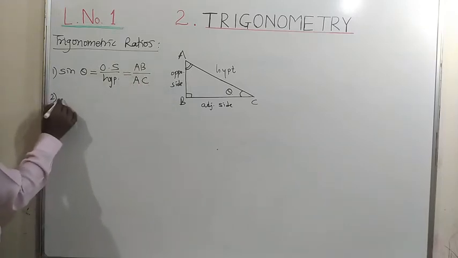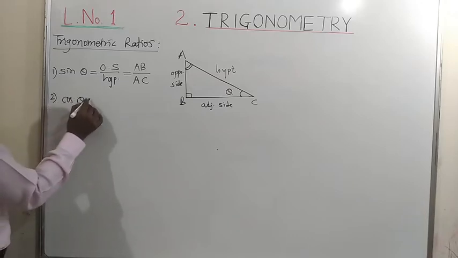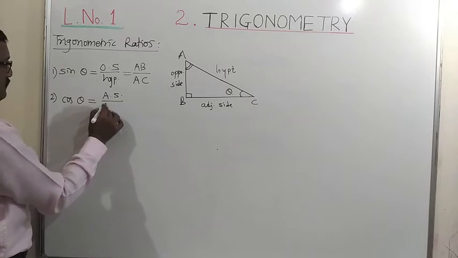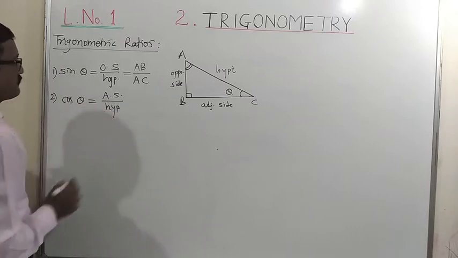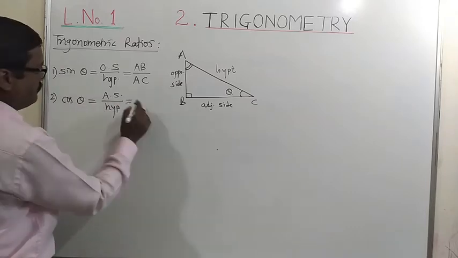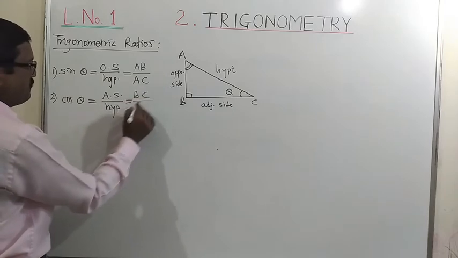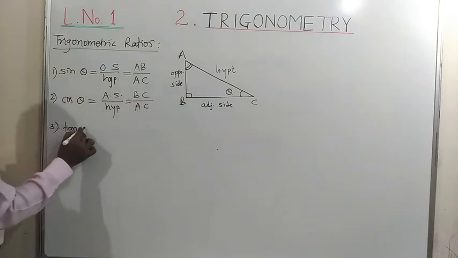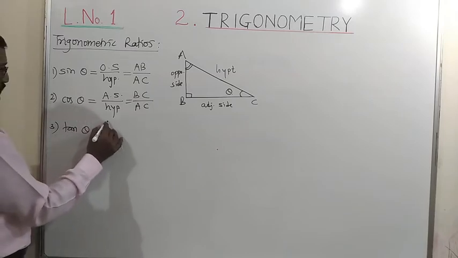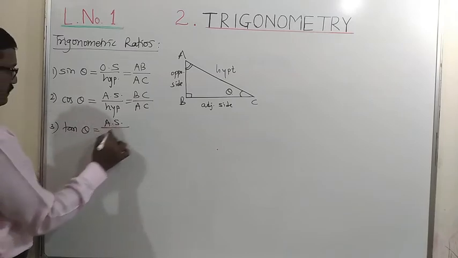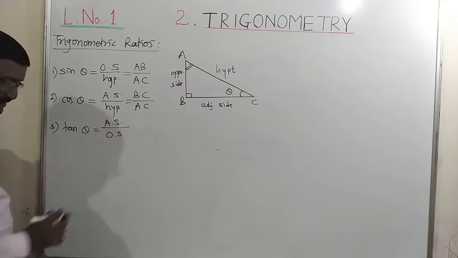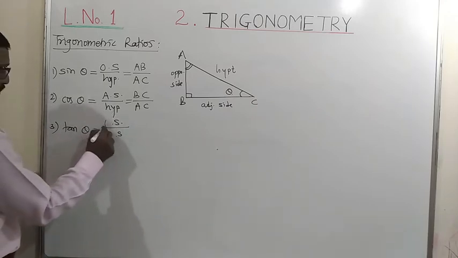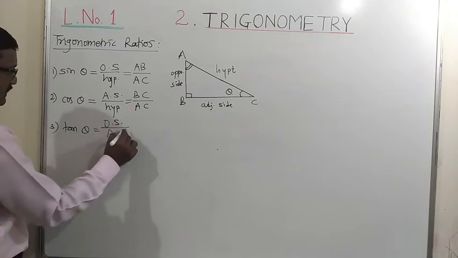Second one, the cosine ratio, cos theta, is equal to adjacent side upon hypotenuse. So it is equal to adjacent side BC upon hypotenuse AC. Third one, the tangent ratio, tan theta, is equal to opposite side upon adjacent side.